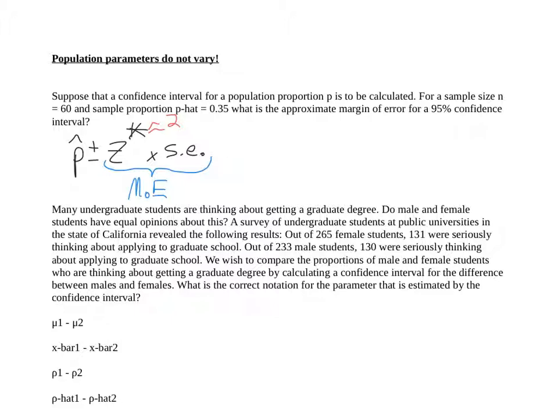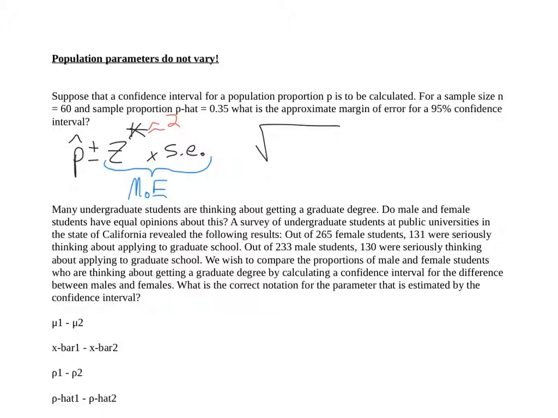So let's go through and calculate this. Z star, we're going to say, is approximately 2, because it's 95% confidence. And if you remember from the empirical rule, the 68, 95, 99.7 rule, that means for 95% confidence, we have 2 standard deviations from the mean. So what's the standard error in this case? The standard error is calculated like this.